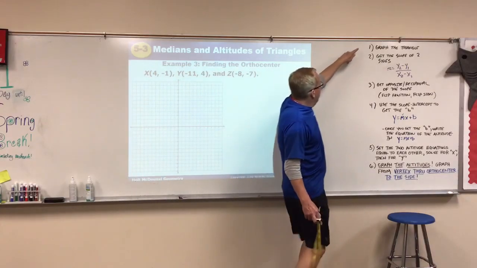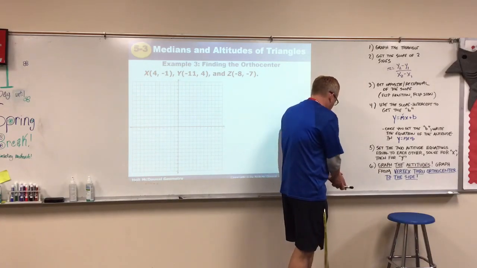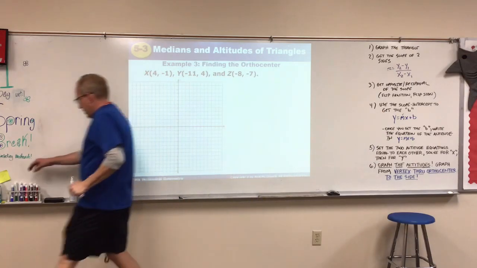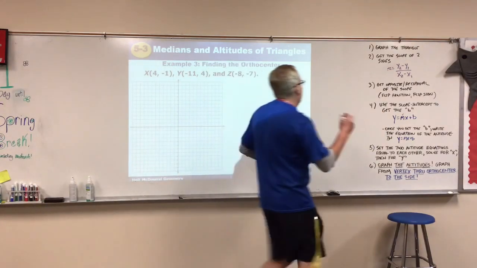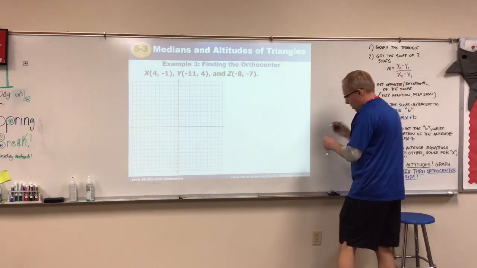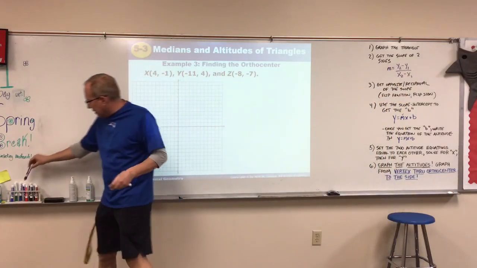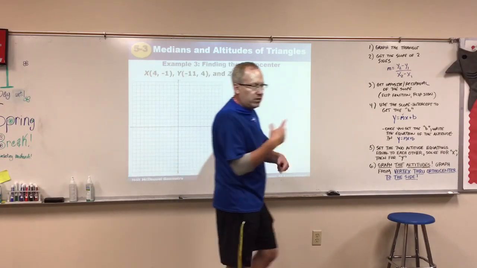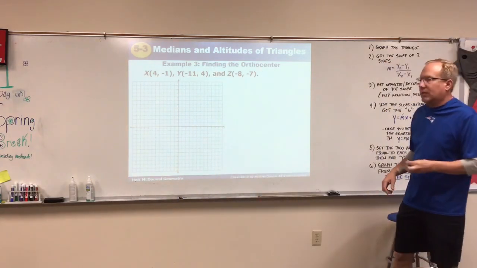And again, these are the steps we're going to go through to make sure that we solve for the orthocenter. All right, and they are very similar to the steps we did with the centroid as well as the circumcenter.